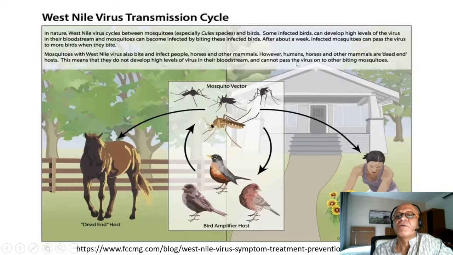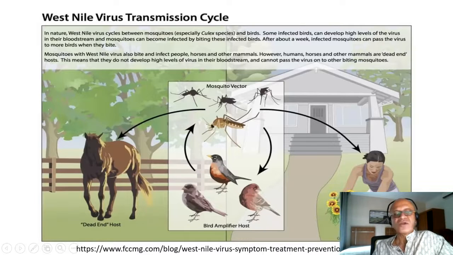However, humans, horses, and other mammals are dead-end hosts. That means they do not develop high levels of virus in their bloodstream and cannot pass the virus to other biting mosquitoes. Okay, which is good news if you don't mind getting the virus.